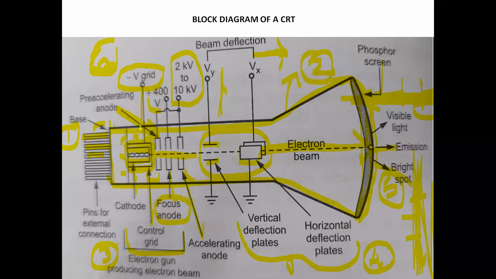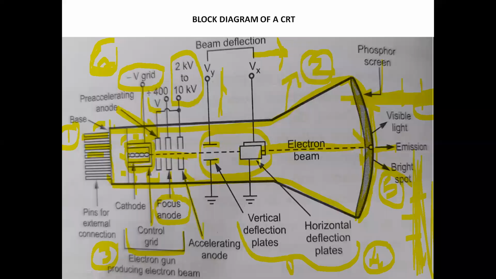Okay, so the controlled electrons now have to accelerate such that they will bombard the screen. They have to travel from the cathode to the fluorescent screen. In order to travel, they need some acceleration.